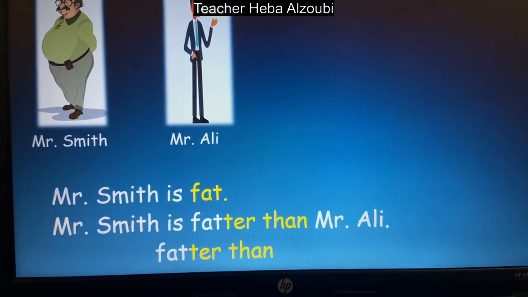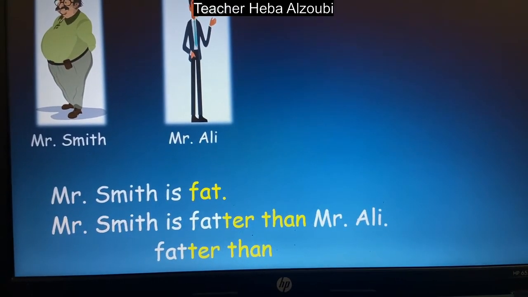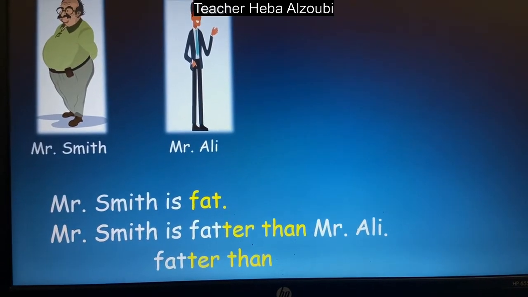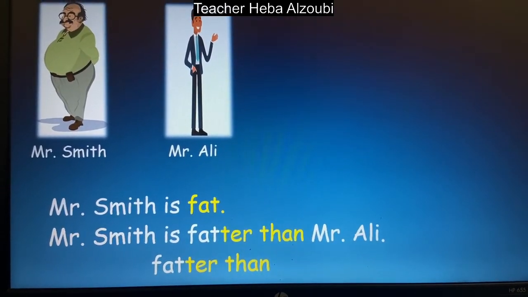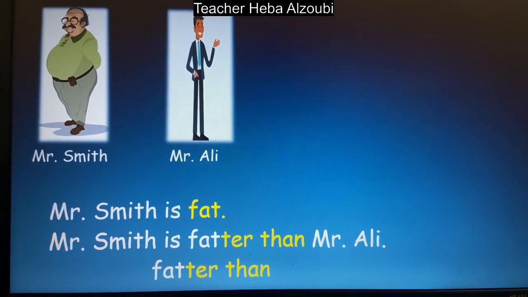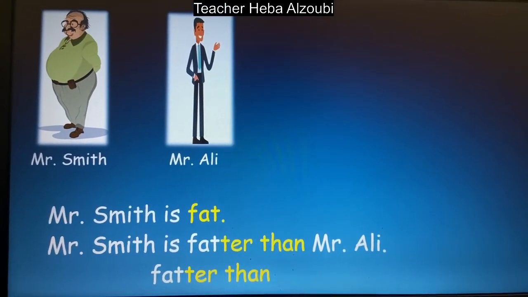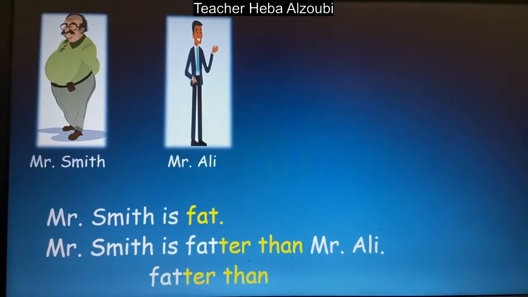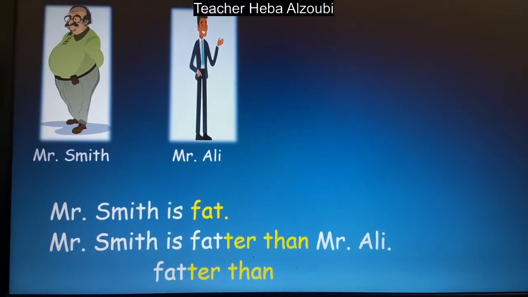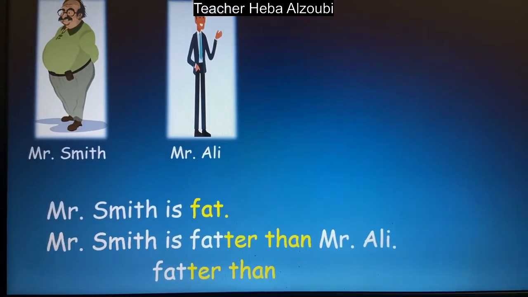It is consonant, vowel, consonant. When we have a consonant, vowel, consonant adjective, we double the last letter, or we double the last consonant. So, fat, fatter than. The T is doubled.